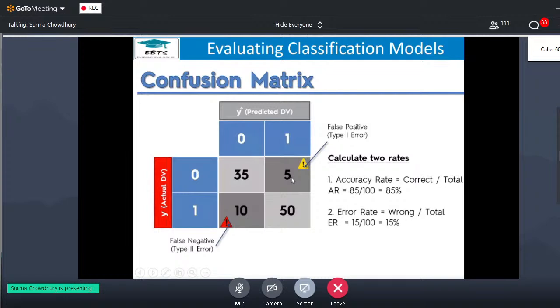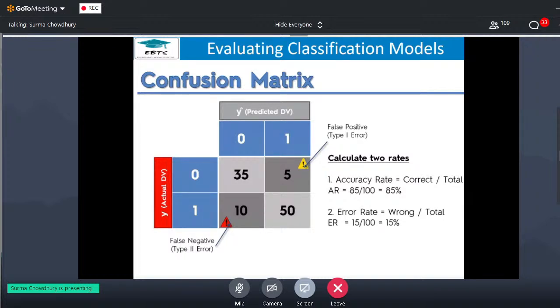The model is predicting that he has cancer, but actually he does not have cancer. Still it is okay, it's not that fatal, but it is a serious matter.